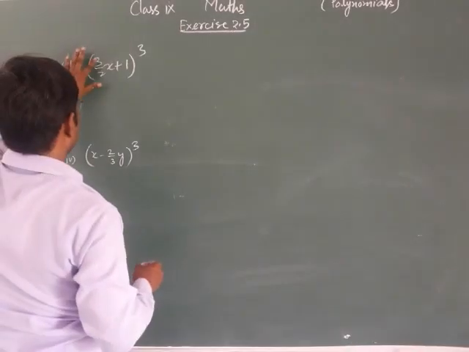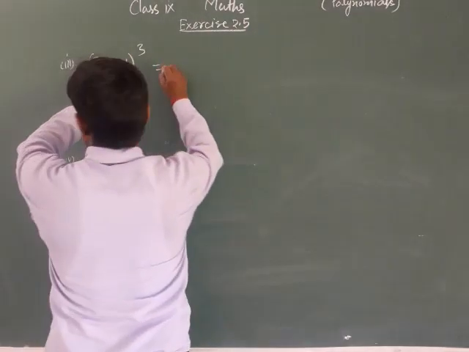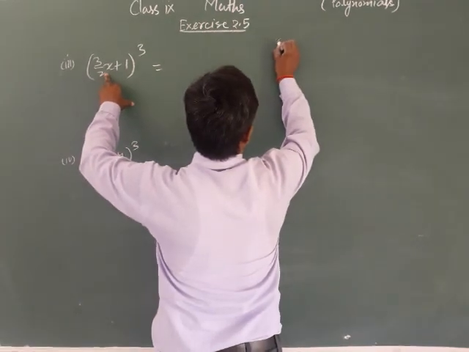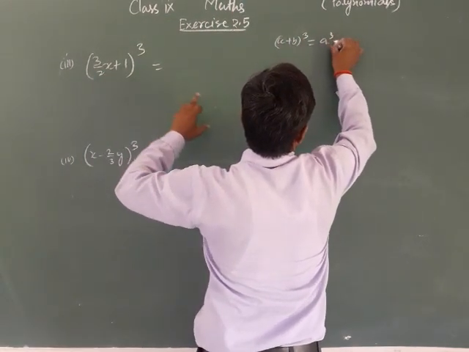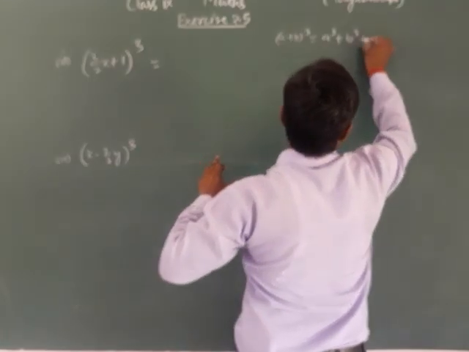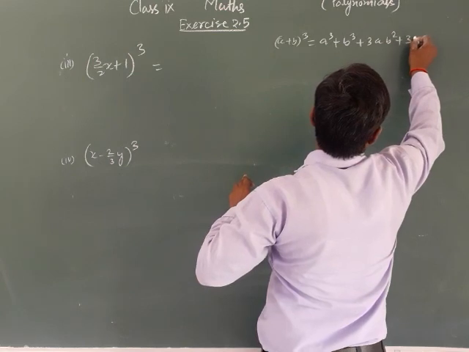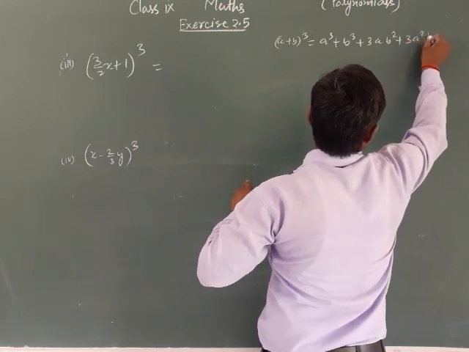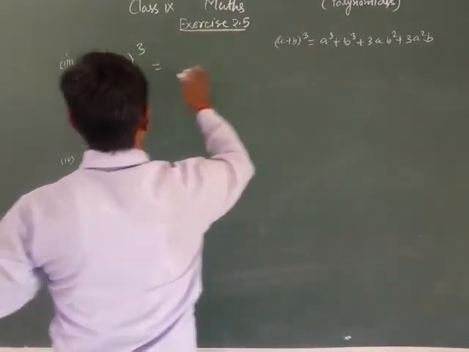Third part, (3 by 2x plus 1) whole cube is equal to, since the identity (a plus b) whole cube is equal to a cube plus b cube plus 3ab square plus 3a square b. So now use this identity here.